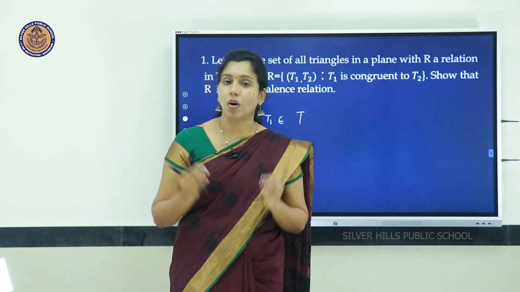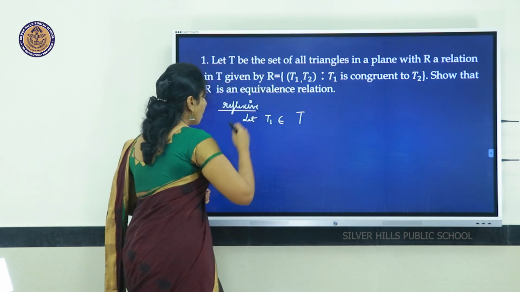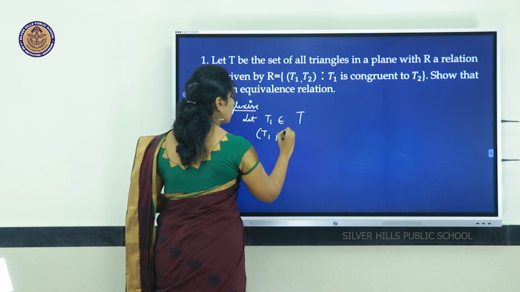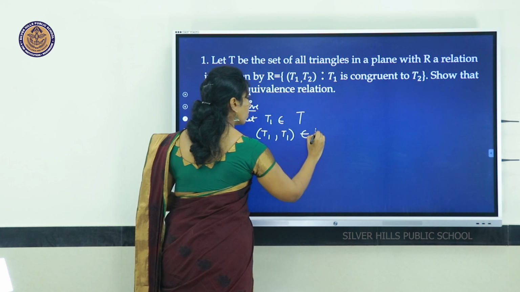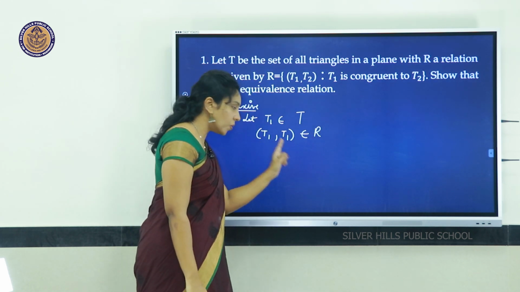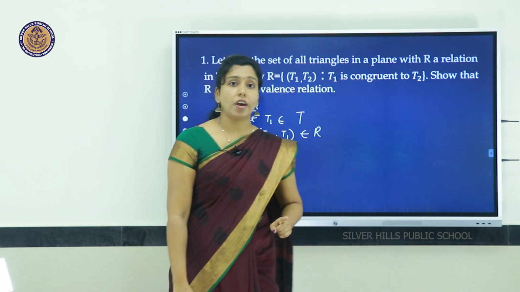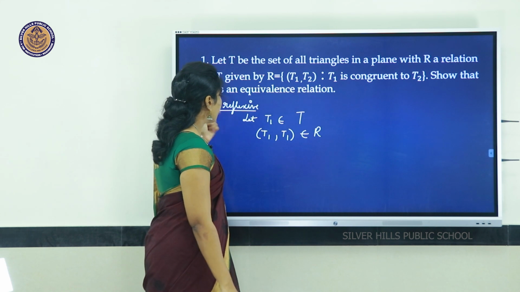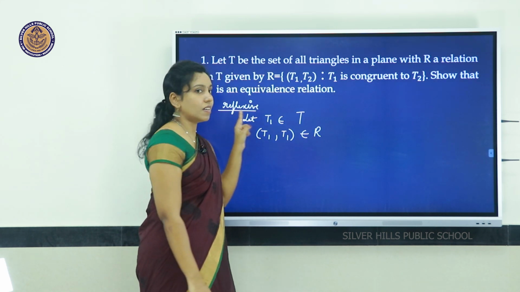So I can say T1, T1 belongs to R. What does that mean? T1 is congruent to T1. Every triangle is congruent to itself. So, I can say this relation is reflexive.